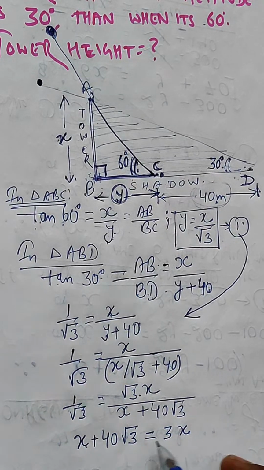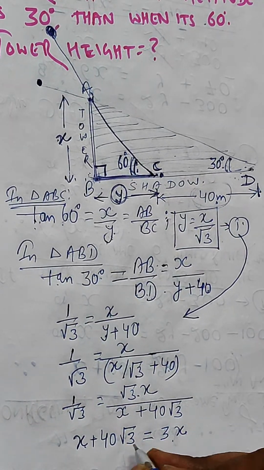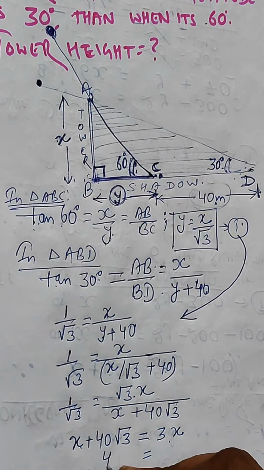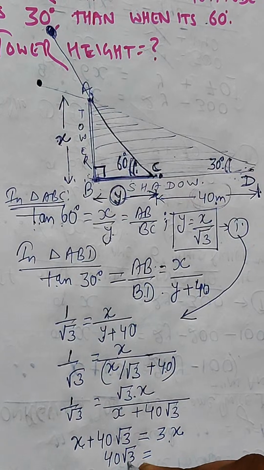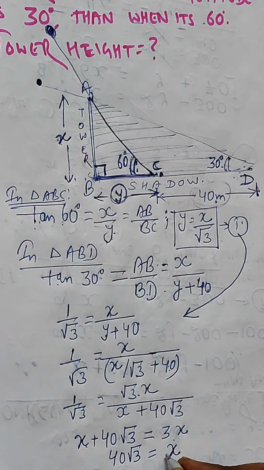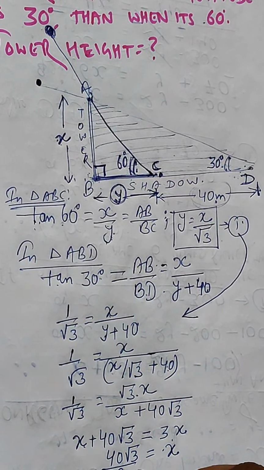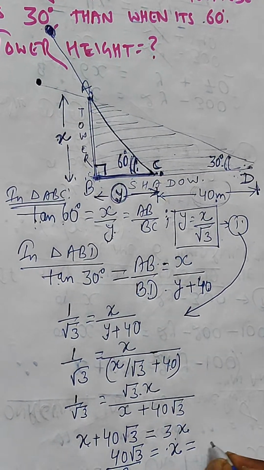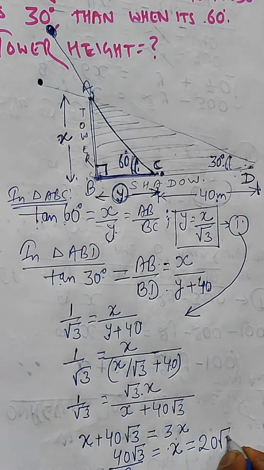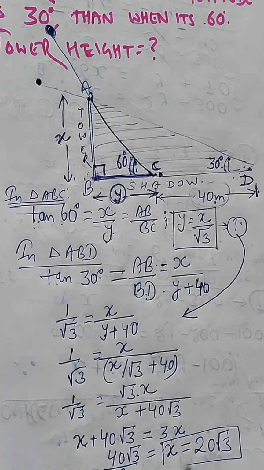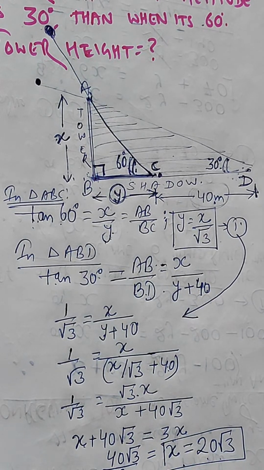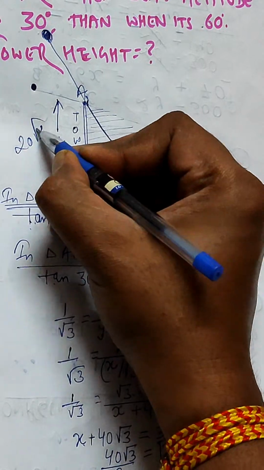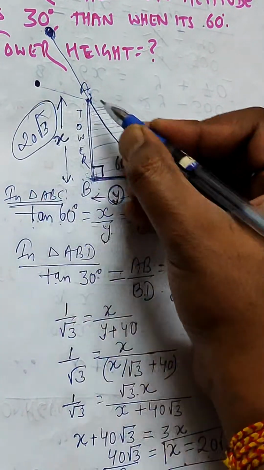And when x is subtracted from 3x, this will give you 2x equals 40 root 3, and the value of x, with 2 coming into the denominator, will be 40 root 3 by 2, which will be given as 20 root 3. So 20 root 3 meter is the height of the tower.